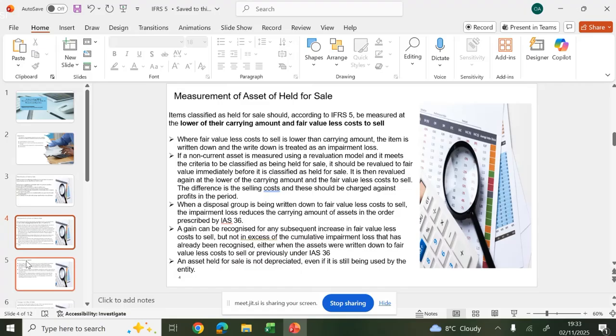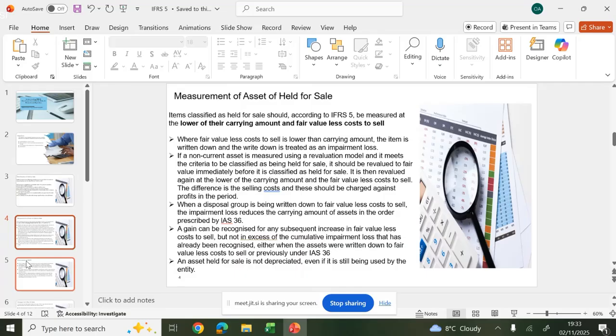It is then revalued again at the lower of the carrying amount and the fair value less costs to sell. So we talk about the revaluation model and the cost model under IAS 16 PPE. If the asset is using the revaluation model, then it should be revalued to what? Fair value.